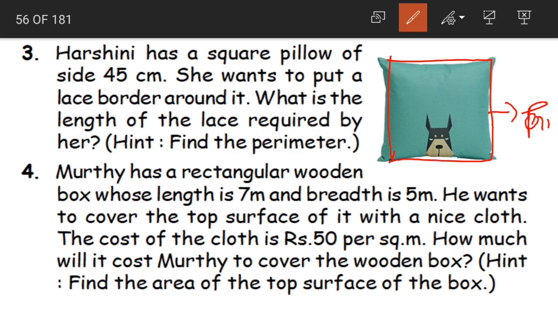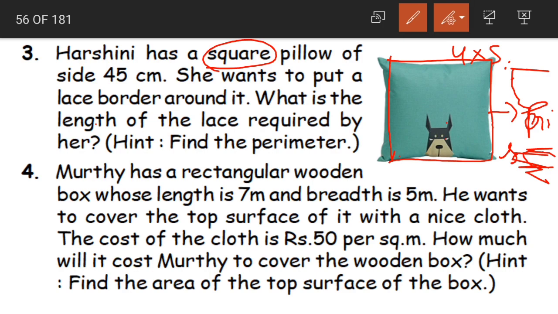We should find out the perimeter. Yes, find out the perimeter of square. The formula would be 4 into S. Yes children, the formula would be 4 into S. That will be the perimeter of the square.